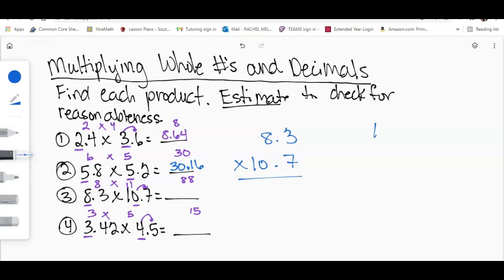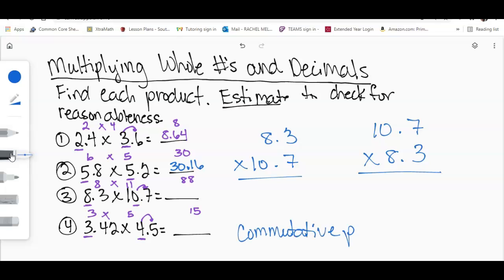I'd rather do this, 10 and 7/10 times 8 and 3/10. Is it okay to do that? Absolutely, because the commutative property of multiplication says that either way I want to have these factors, I will get the same product.